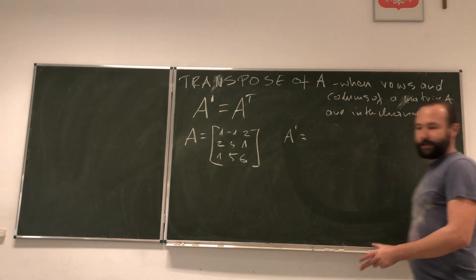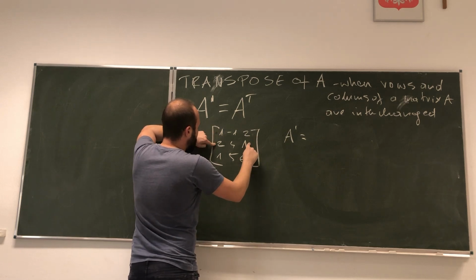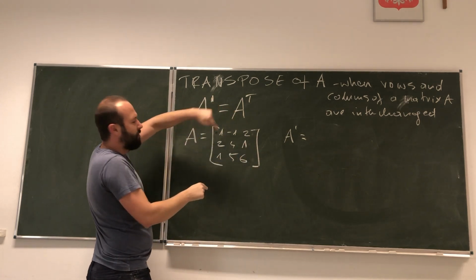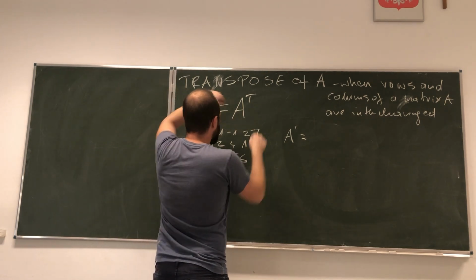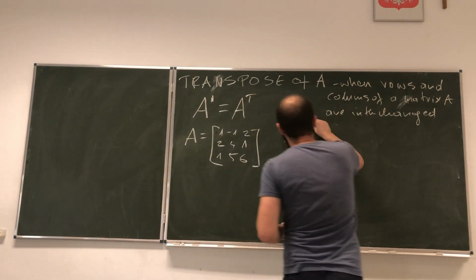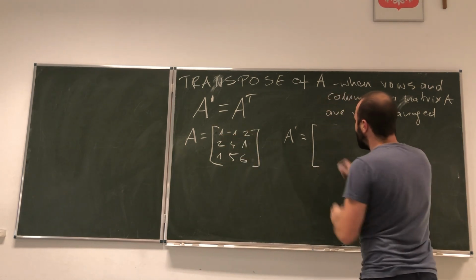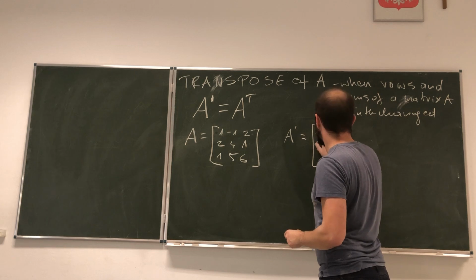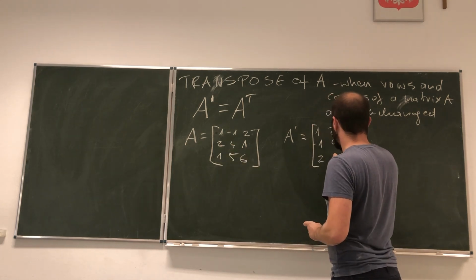Basically, each row must become a column, or, which has the same effect, each column must become a row. So now instead of the first row, 1, negative 1, 2, we will have the first column, 1, negative 1, 2. Then the second column will be 2, 4, 1.